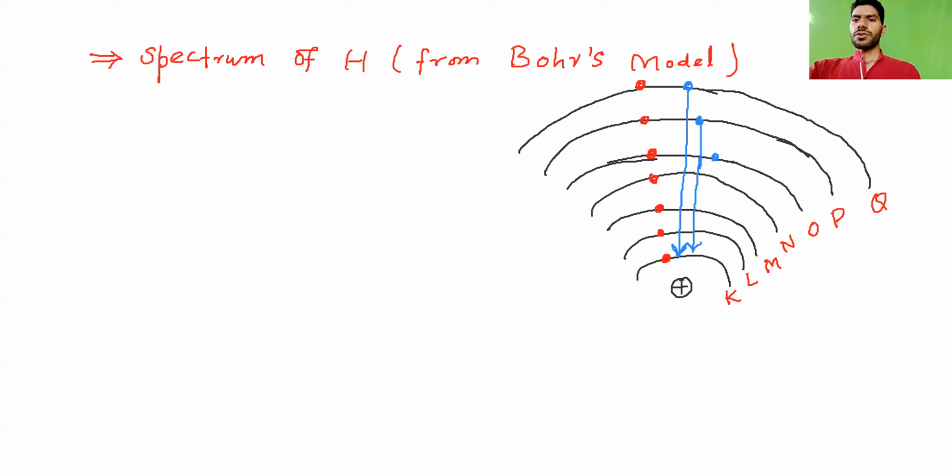Similarly, if some electron is present in the O energy level, it can also come back to K. Similarly, an electron in N can also come back to K. If we have M, it can also come to K. And if there is an electron in L, it can also come back to K. So these lines which we get when the electron jumps from higher energy levels into the K shell are observed in the UV region. That is our Lyman series.